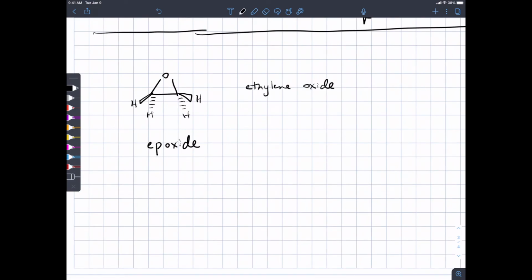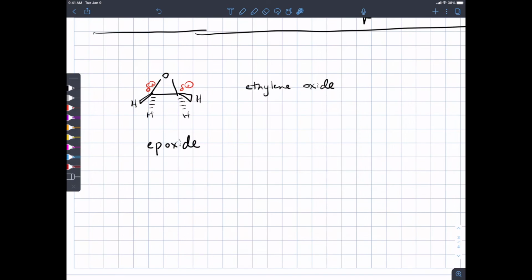Epoxides are, as you might expect, electrophilic at these 2 other carbons that are adjacent to the oxygen, in part because they're electron poor because of oxygen's electronegativity, and the LUMO would be the carbon-oxygen sigma star.